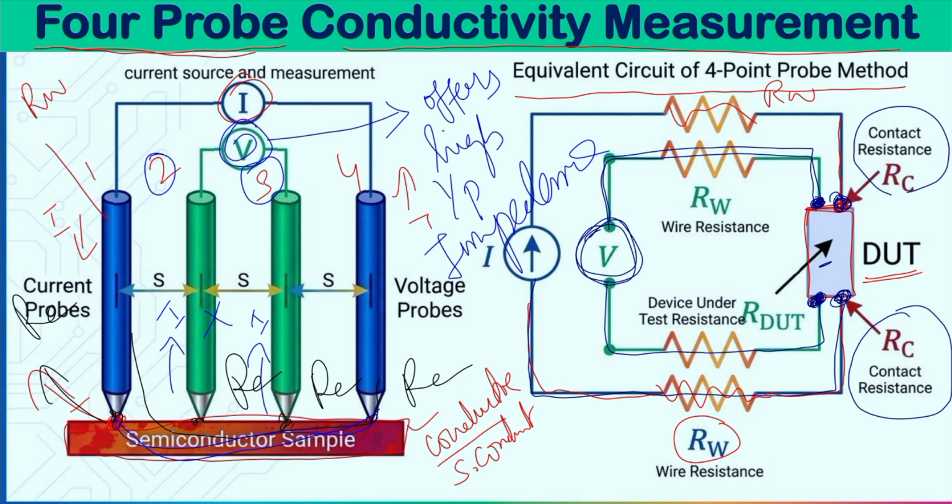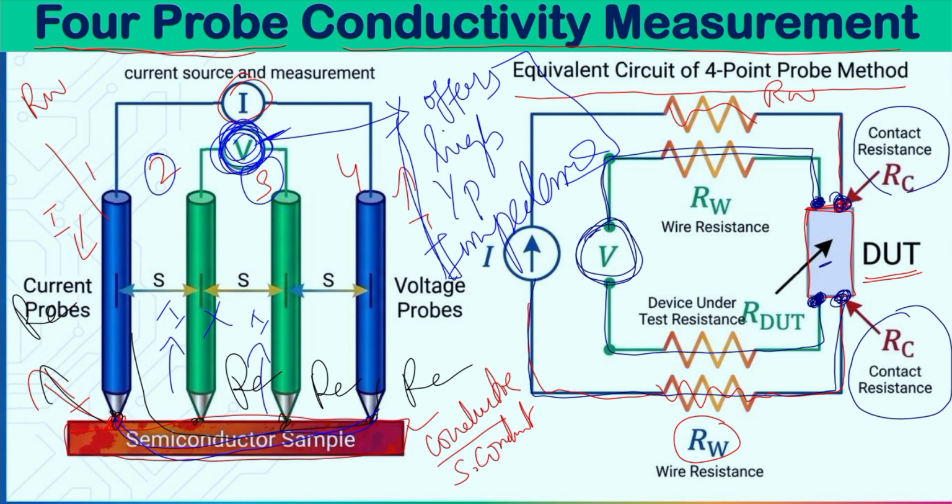This high input impedance is because of the voltmeter connected in these voltage measurement probes. The voltmeter you connect here to measure the voltage will give the high input impedance.